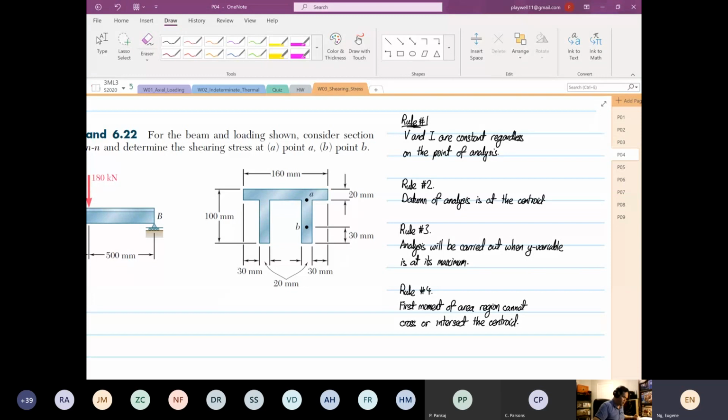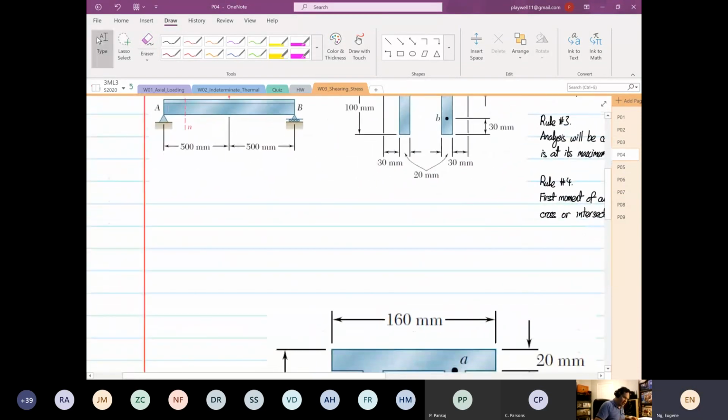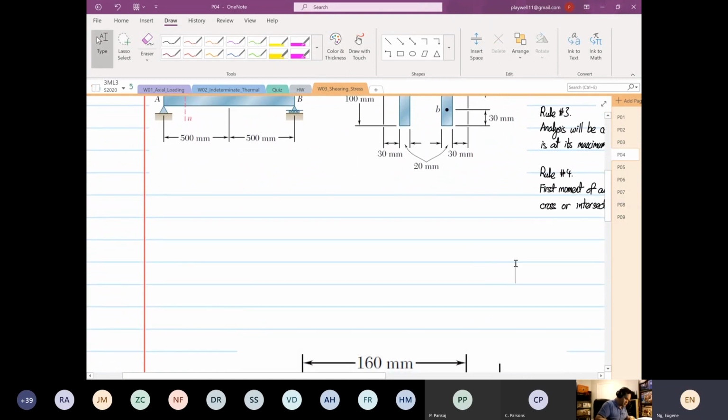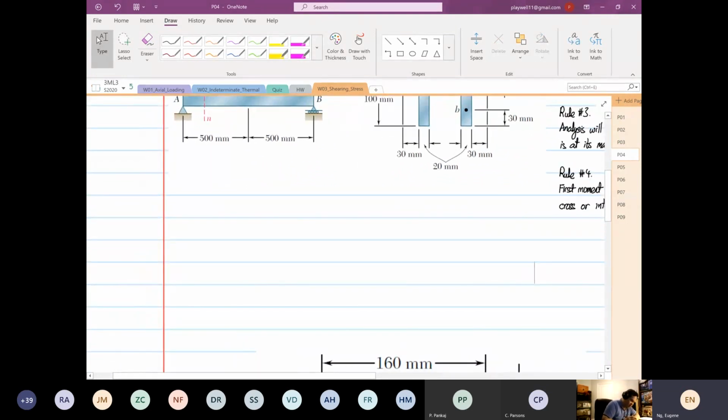So let me highlight what you are going to see in this example. The procedure is we are going to draw the free body diagram.